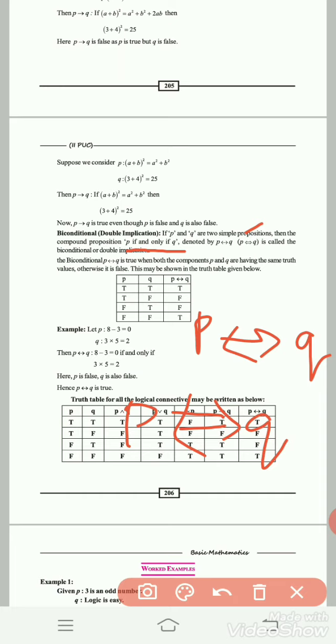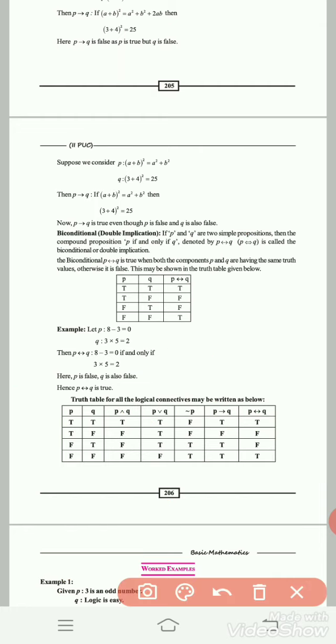The truth table for biconditional: if both are true or both are false, then only it is true. When both truth values are the same, the double implication is true. Otherwise, it is false. In the truth table, in the first condition, true, true, true. First one is true, second one is false, that is false. False, true, false.